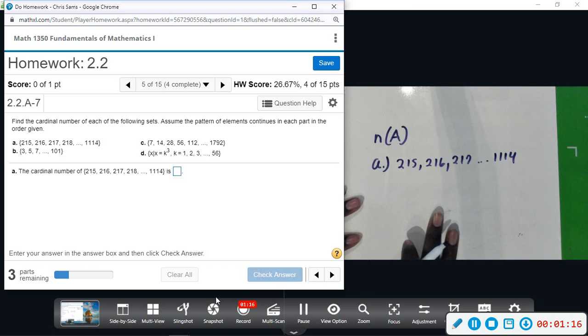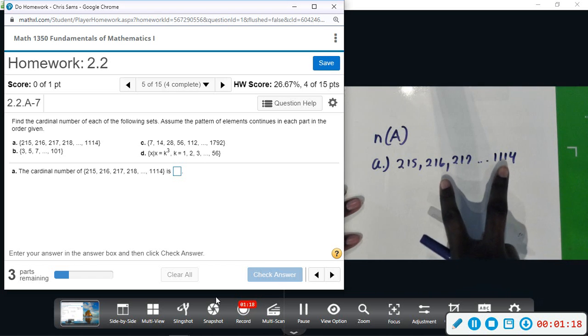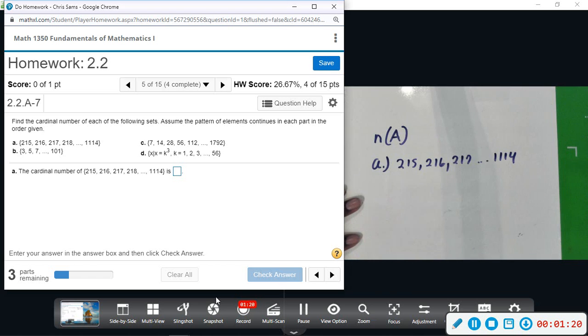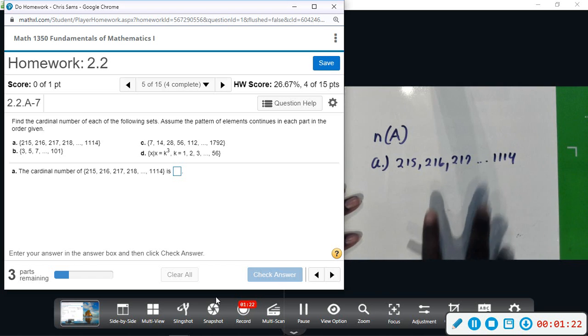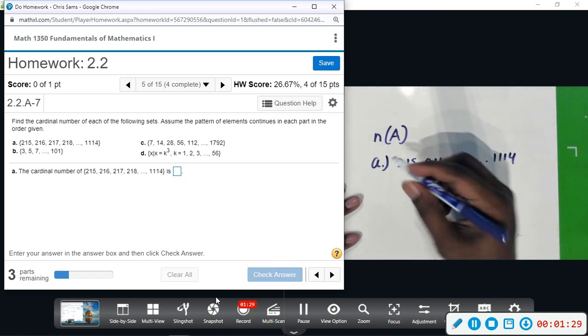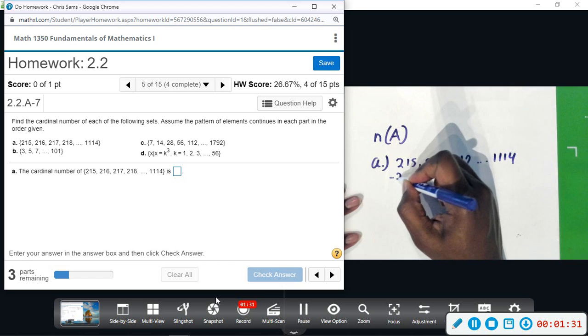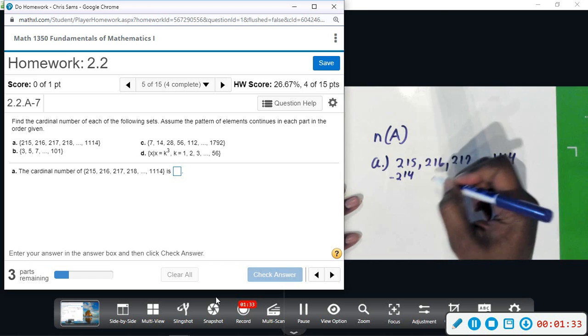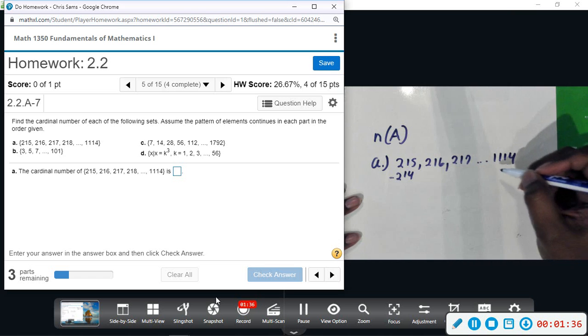I'm going to be manipulating these formulas if I can. So I'm going to shift this back so that it starts at 1, and that will allow me to count how many terms. Since we started at 215, if I wanted to start at 1, I would need to subtract 214. That would give me 1. And you would imagine doing that to every term.